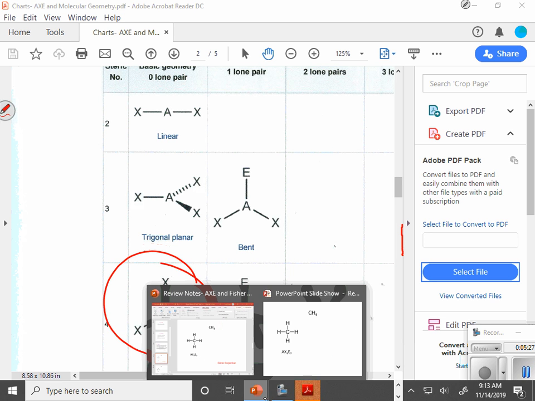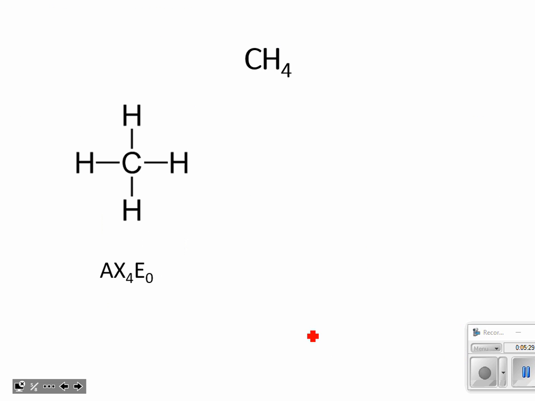So when I come back to my PowerPoint here, I can see that I am going to have my drawing for tetrahedral. It tells me that my A is here.